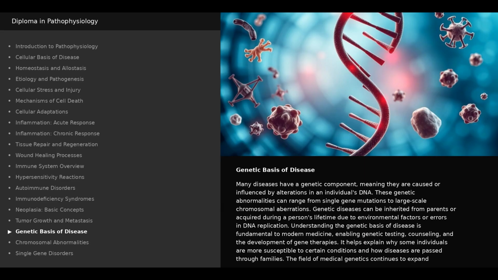Understanding the genetic basis of disease is fundamental to modern medicine, enabling genetic testing, counseling, and the development of gene therapies. It helps explain why some individuals are more susceptible to certain conditions and how diseases are passed through families. The field of medical genetics continues to expand rapidly.